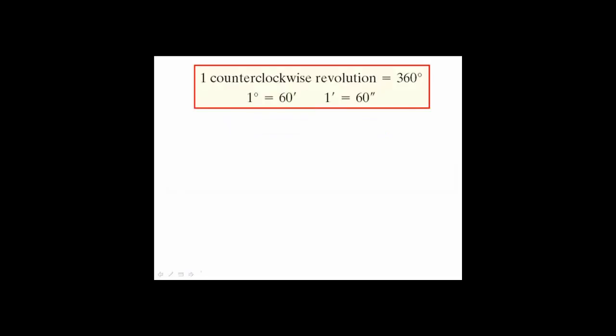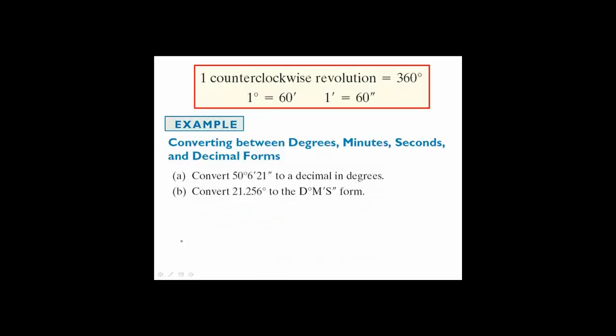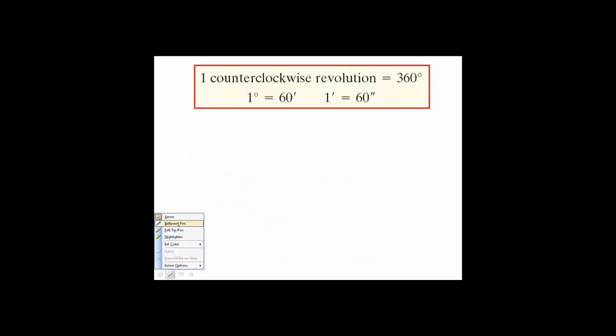We're going to say that 1 degree is equivalent to 60, and this notation right here is a minute. So 1 degree equals 60 minutes, and again, this notation is a minute. And then 1 minute is going to equal 60 seconds.